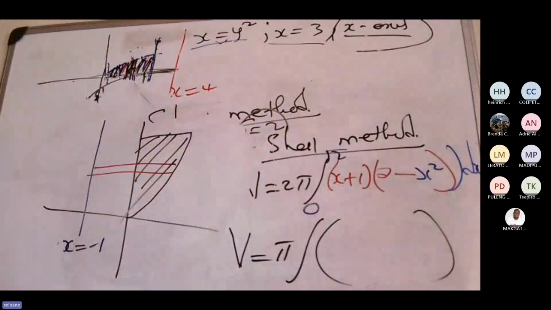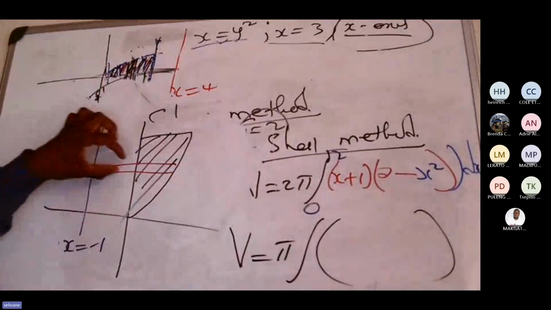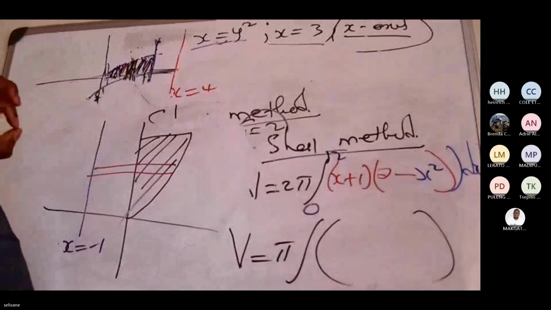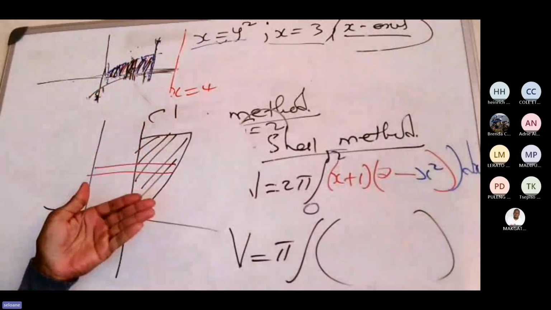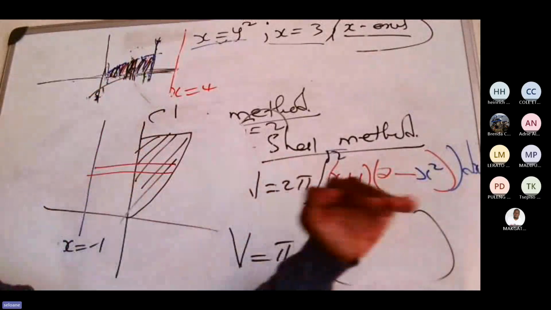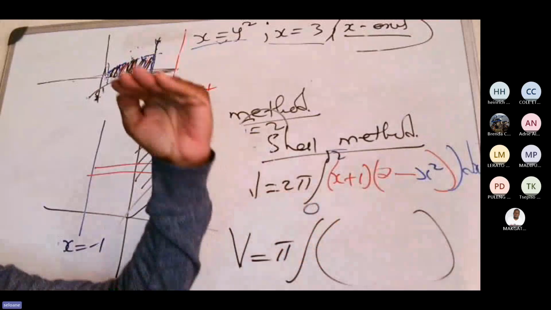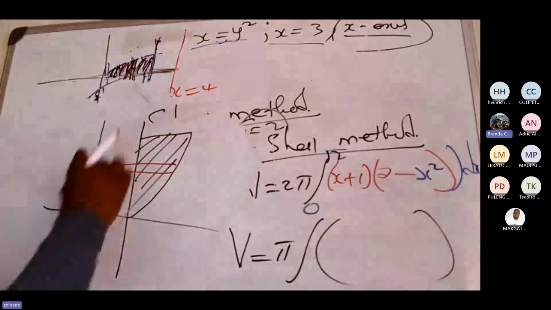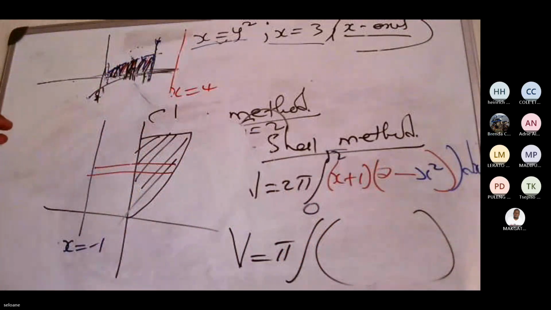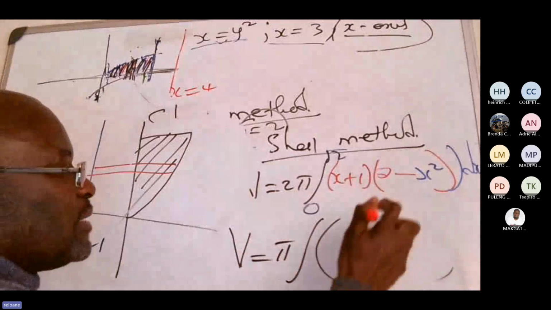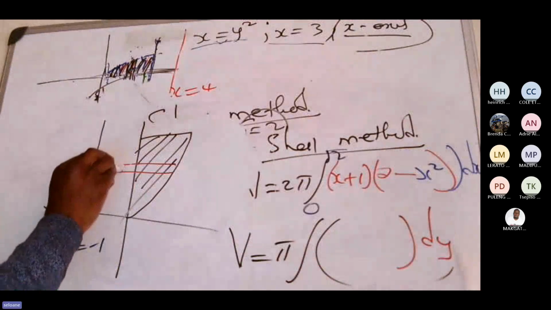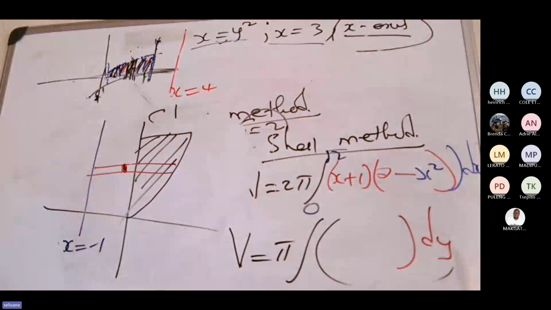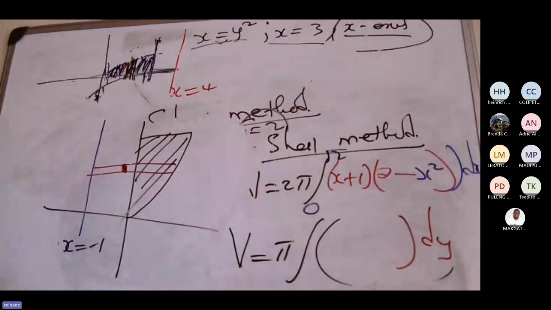Take this out. Then what about its thickness? Is it a vertical distance or a horizontal distance? It's a vertical distance because you're going to cut like this. So therefore, it will be dy. Vertical distance is thickness. Hopefully that makes sense.